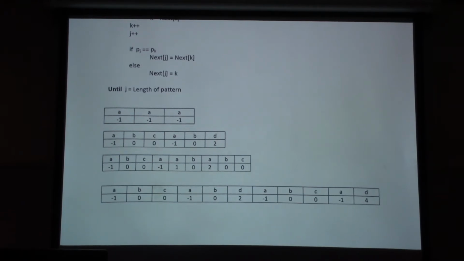It tells me the next comparison should be which character? B? No. Or C? The next character should be the C against which character in the text?